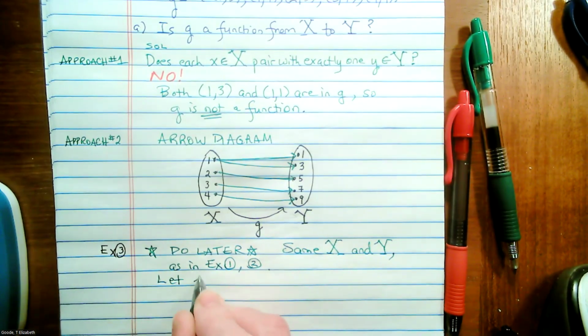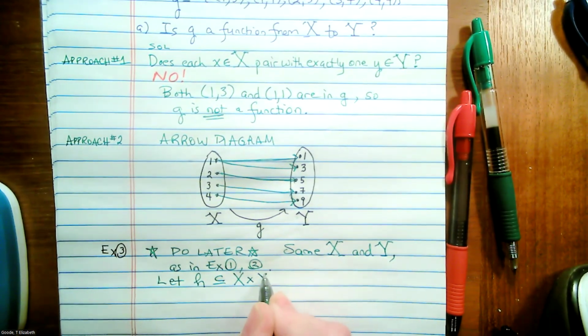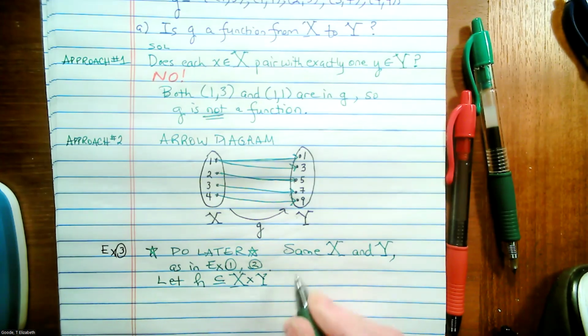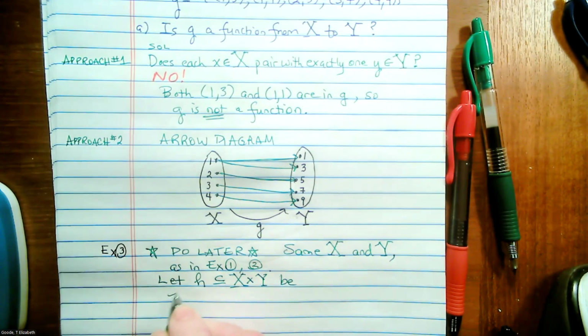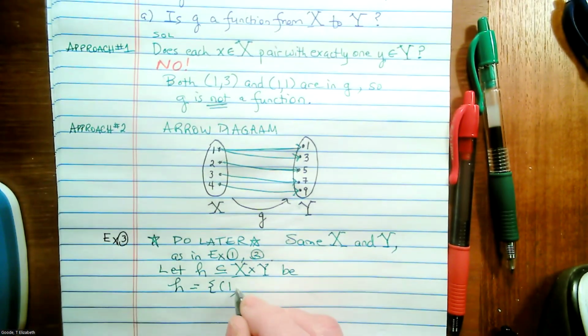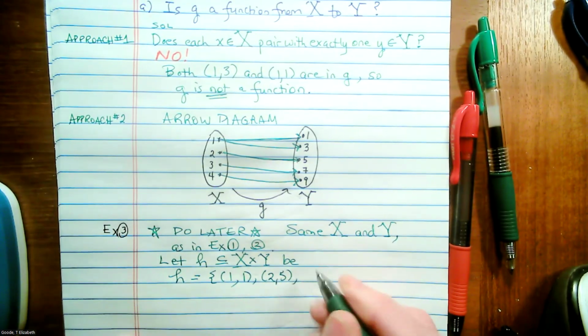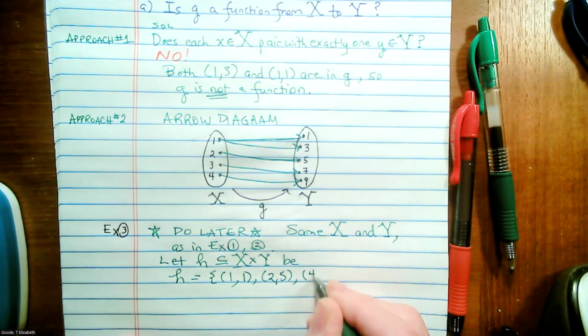Let's let H, which is going to be a subset of X cross Y, be H equals the set of ordered pairs (1,1), (2,5), (4,9).